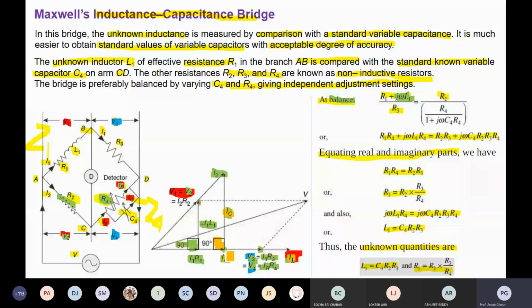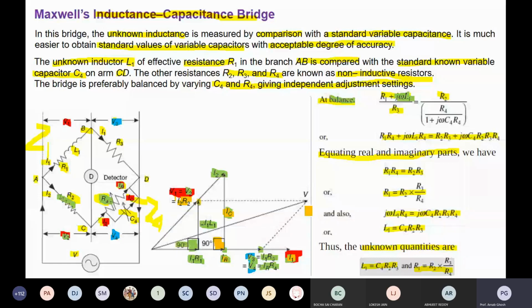After that you have to add the vector sum. What is the vector sum? Your total V equals V2 plus V4, or V1 plus V3. As V1 and V2 are the same, and V3 and V4 are the same, it is the vector addition of V1 or V2 with V3 and V4.